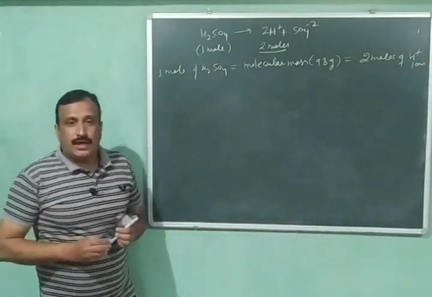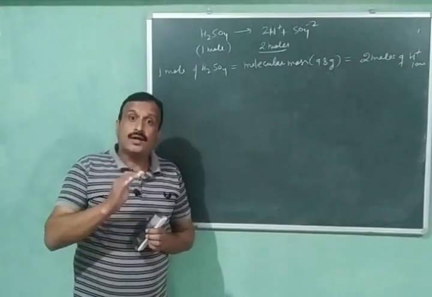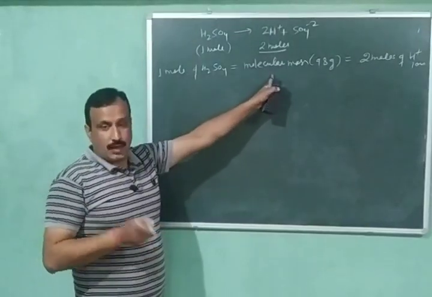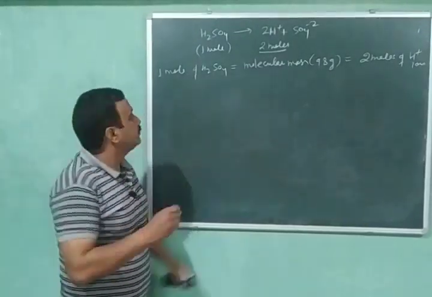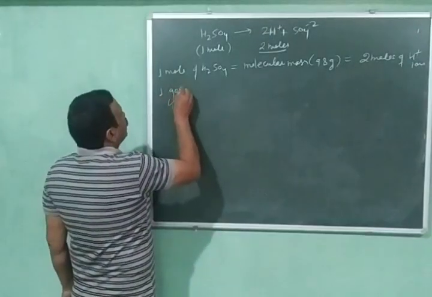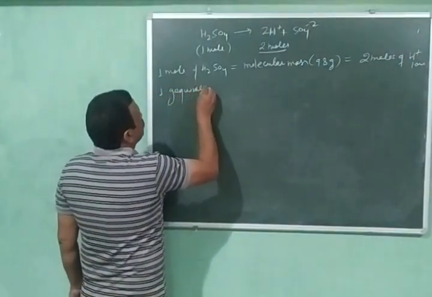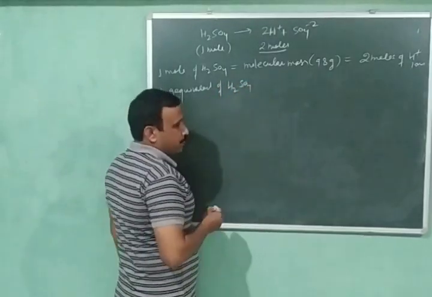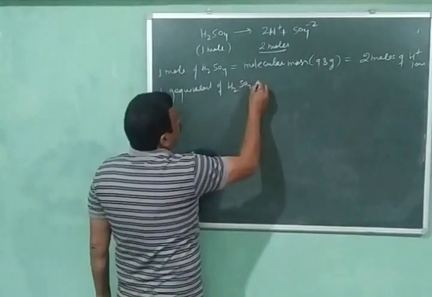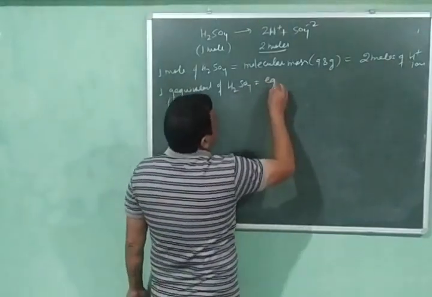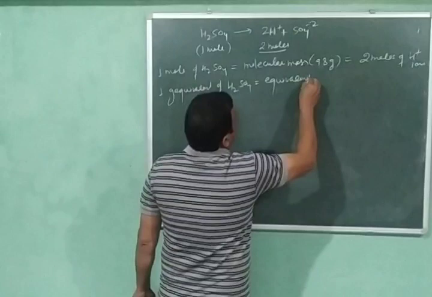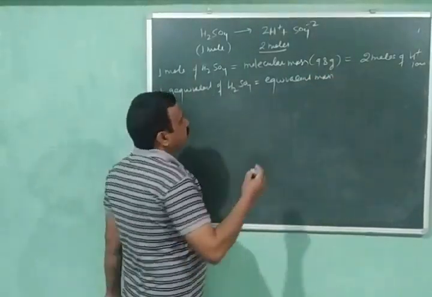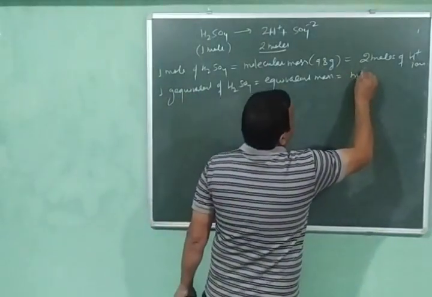Now let us discuss what is 1 gram equivalent. 1 mole is equal to molecular mass. So 1 gram equivalent of this sulfuric acid will be equal to its equivalent mass. And what will be its equivalent mass?